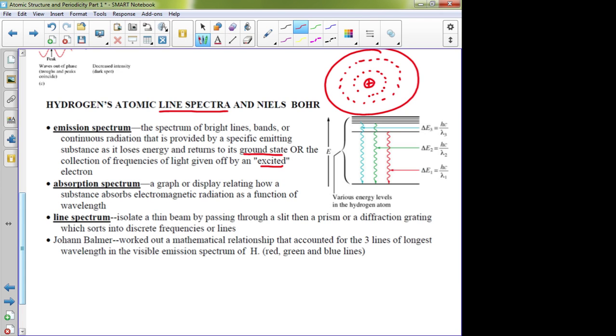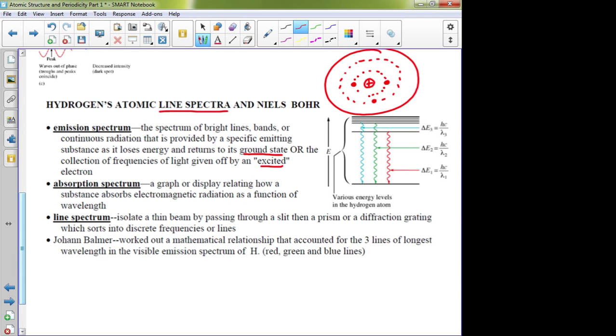No, because remember, we can only fit 2 electrons in energy level 1. So that's the ground state for those 2 electrons. But when the 3rd electron comes along, its ground state is going to have to be in the 2nd energy level. So the ground state is just the level that's closest to the nucleus that the electron can get. That's where its energy is the lowest.